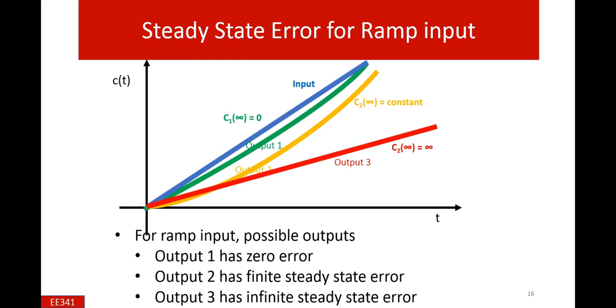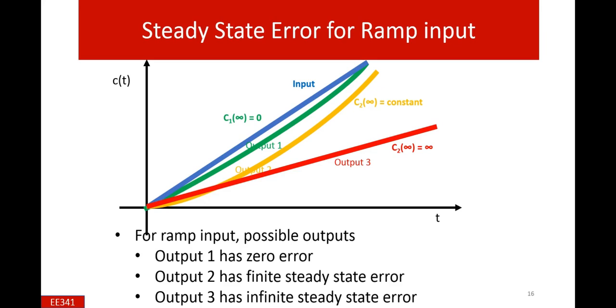So in the next example, if we want to observe the steady state error, and here the input is the ramp input. Again, this is the horizontal axis, which is the time axis, and similarly the vertical axis represents the amplitude, and this blue line represents the input, which is the ramp input.